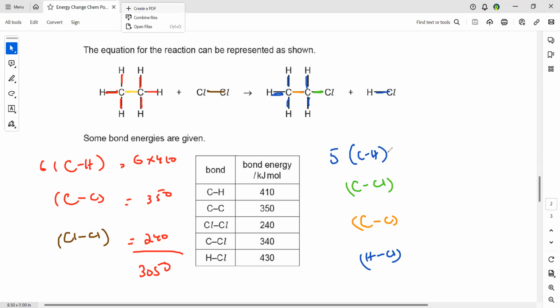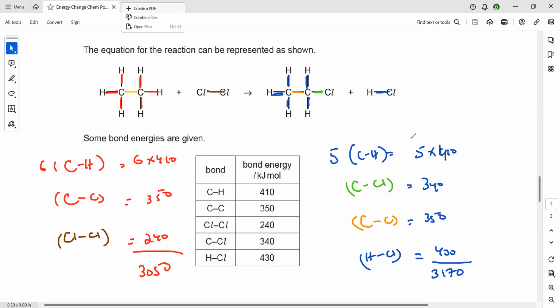We substitute the values, like this will be 5 times 410. Carbon-chlorine bond is 340. And carbon-carbon single bond is 350. And hydrogen chloride bond is 430. When we sum, this will give us 3170. So this will be 3170.